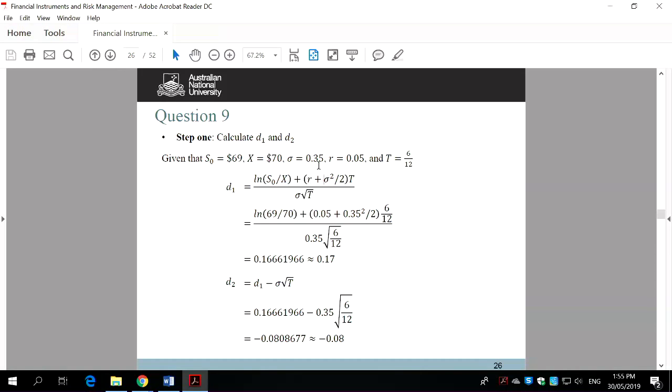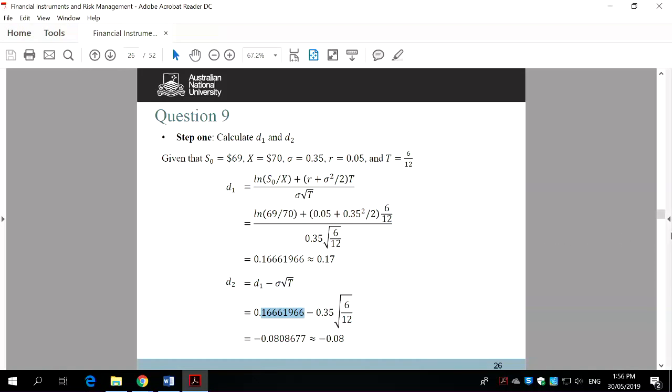The volatility is 35%, so the variance is 35 squared divided by 2, then times 6 over 12. So the denominator is simply the volatility times the square root of time T. Okay, so round up to 2 decimal places. Okay, so when you calculate D2, when you're doing this sequential step, use as many decimal places as possible here. So we calculate D2 is equal to negative 0.08.